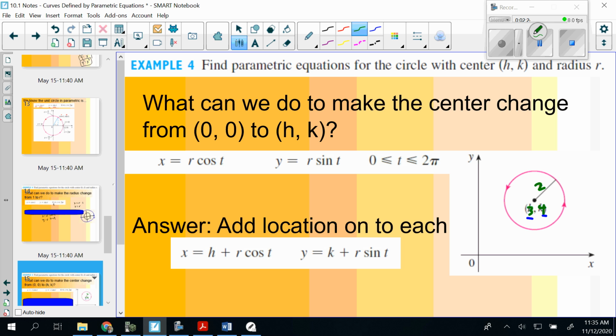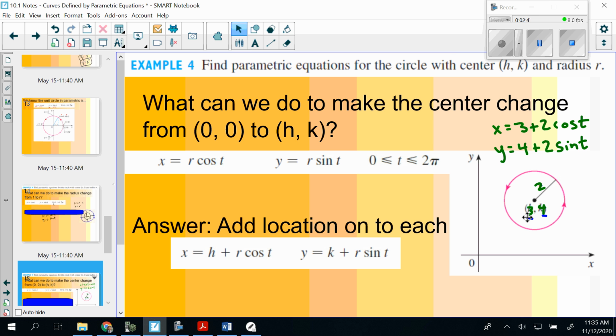Well then the parametric equations for this would be x equals 3 plus 2 cosine t, and our y equation would be 4 plus 2 sine t. And if you graphed those two on your calculator, you would get the circle that had a radius of 2 and the center would be at 3, 4.